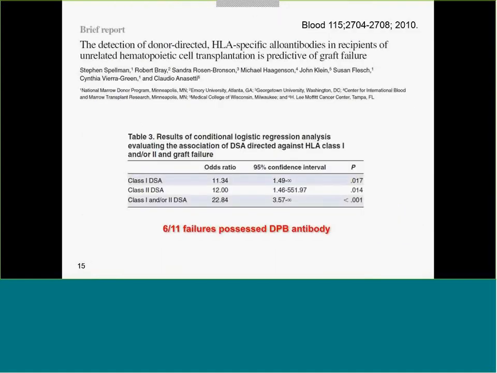Not to leave our friends out on the bone marrow transplant side, we know now from a number of studies. This is just one that we were part and parcel with the National Marrow Donor Program that looked at the impact of preformed antibody on graft failure.